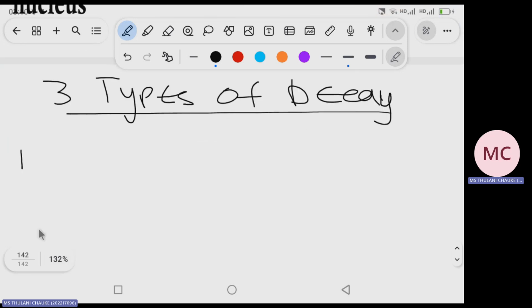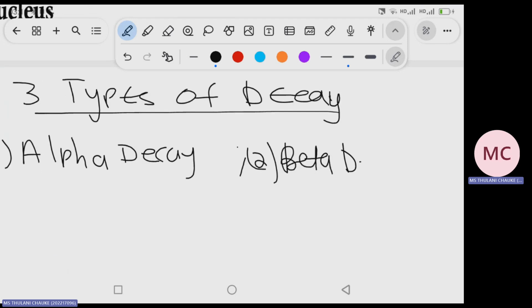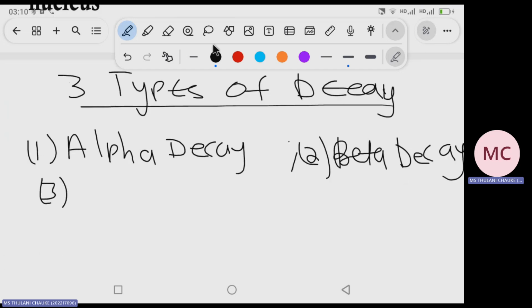The second one is beta decay. And the third one will be gamma decay.